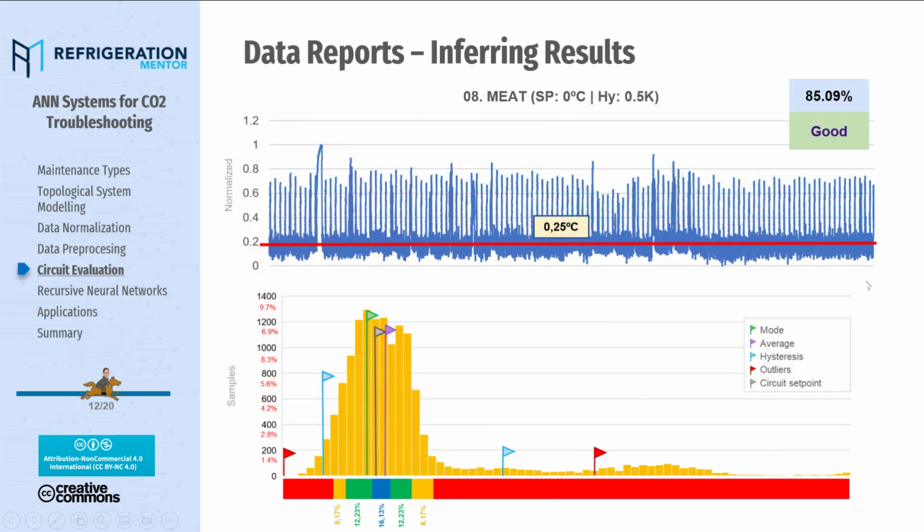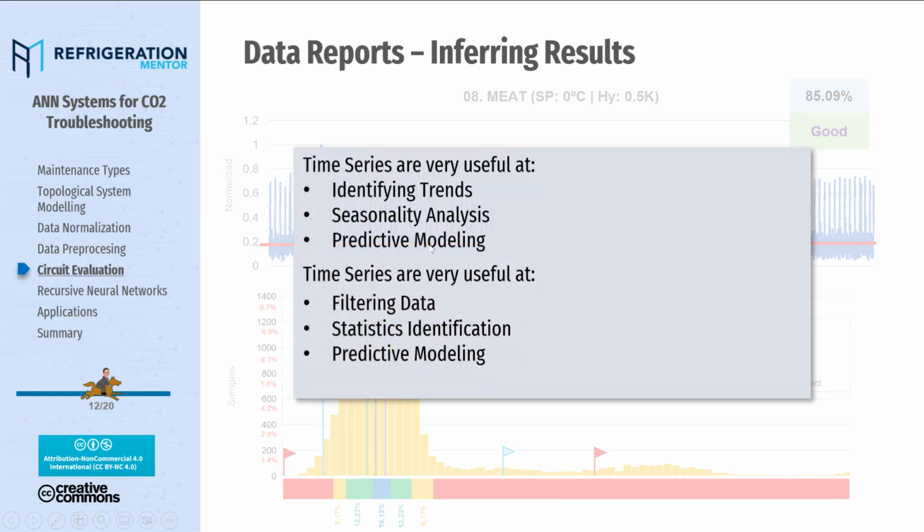Even though frequency distribution will let us know some important results such as mode, average, and graphically see if our temperature inside the cold room is closer to our set point, it is important not to forget time series. Both are important, and this can help us to identify trends, and the time series can be useful for filtering data, statistical identification, and predictive modeling.